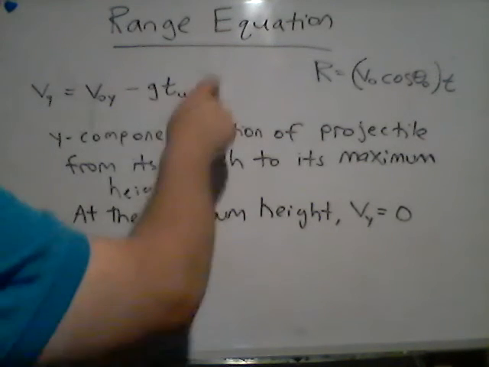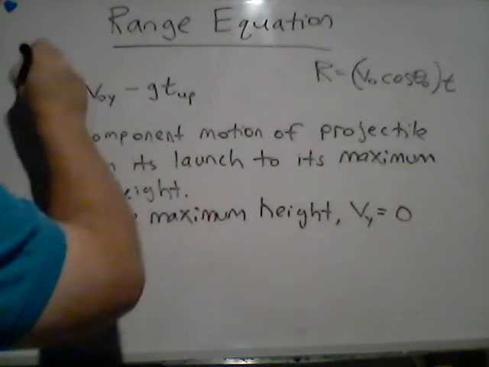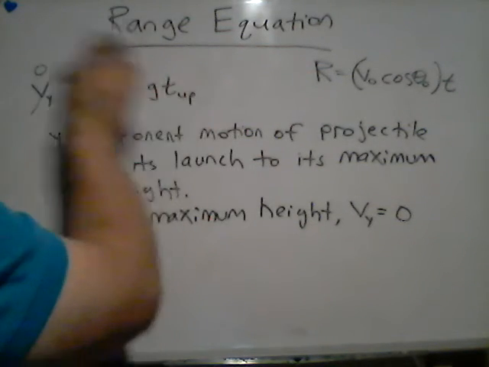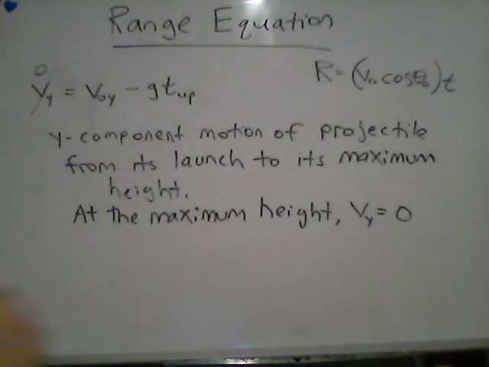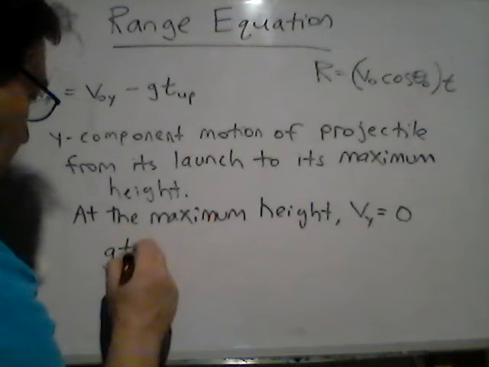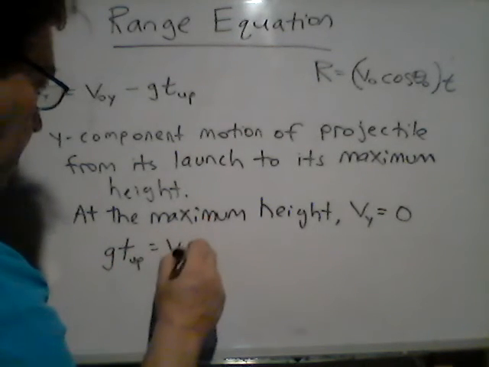And so I want to try to find out how long that takes. So I'm going to make this equal to 0, and I can essentially add g times t up on the other side. I essentially get g times t sub up equals v naught sub y.